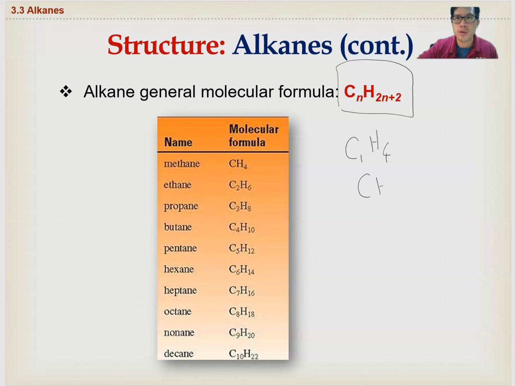If it contains 3 carbons for alkanes, it will be C3: 3 times 2 equals 6, 6 plus 2 becomes 8, so C3H8, which is propane, and so forth.